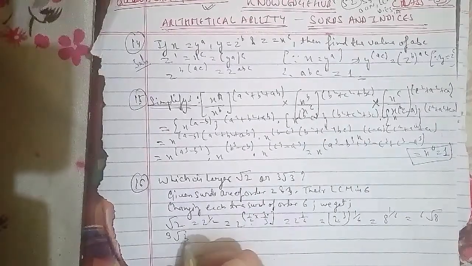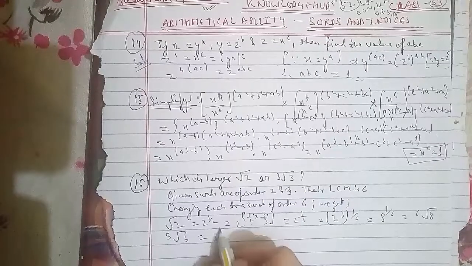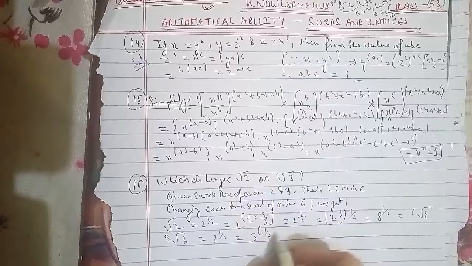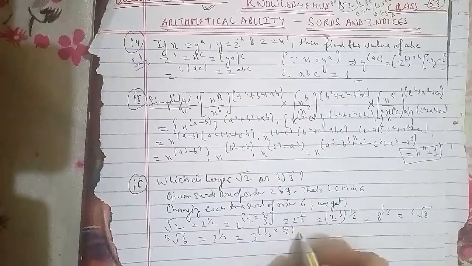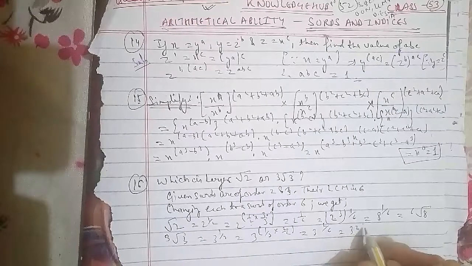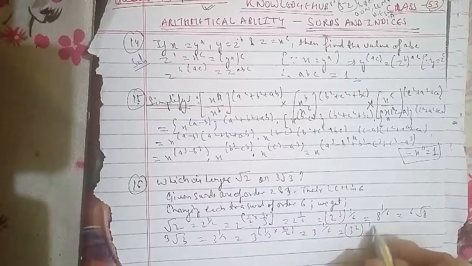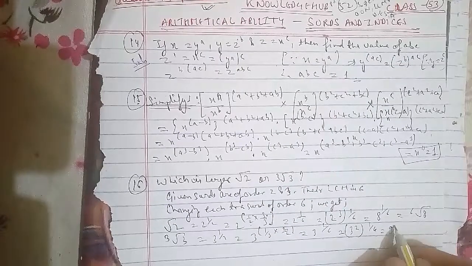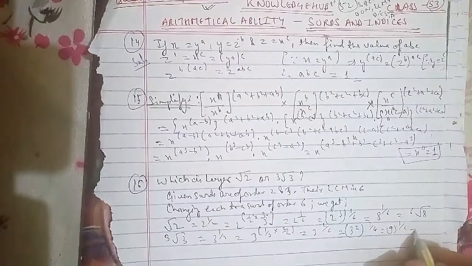In the same way, clearly the sixth root of 9 is greater than the sixth root of 8, and hence the cube root of 3 is greater than the square root of 2. That is the answer.